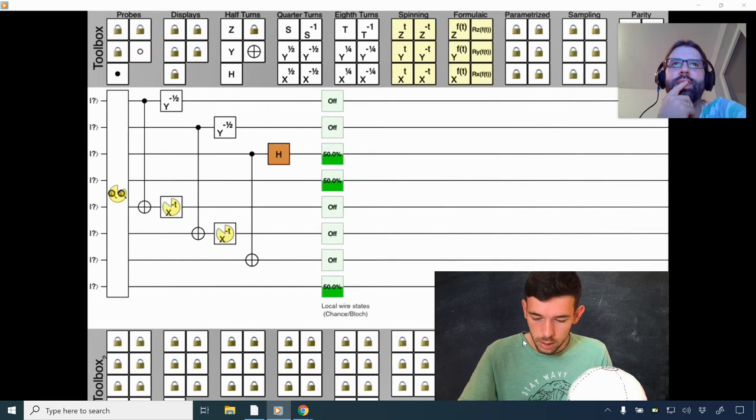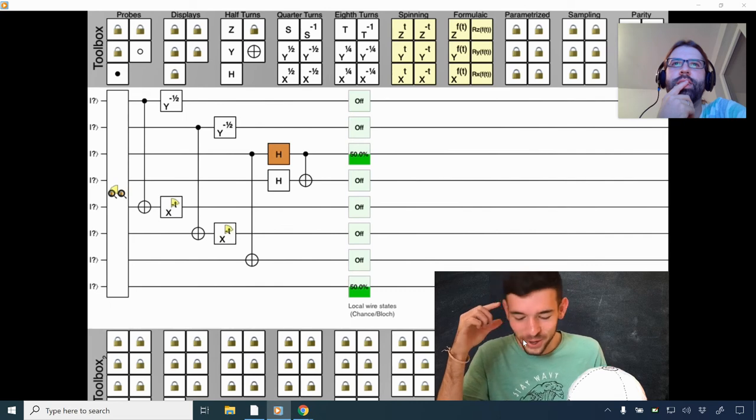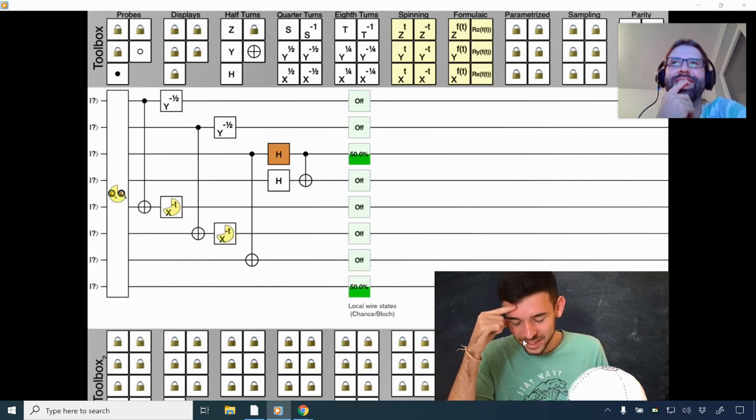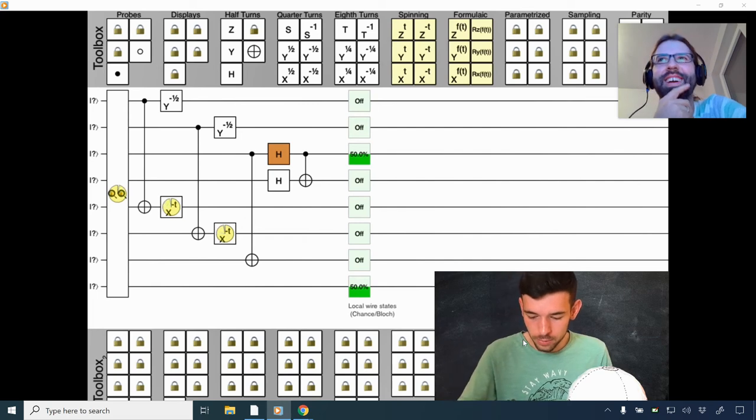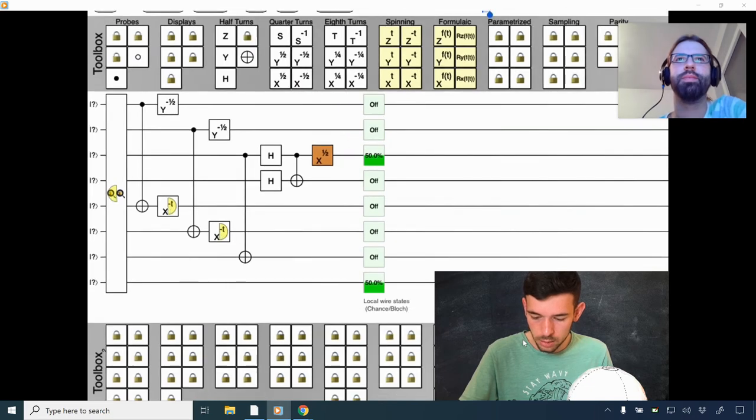I can try with an X gate or double X. Oh, okay, very lucky. So now we can check if we can change the third qubit with an X gate.